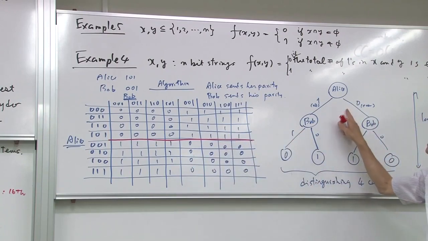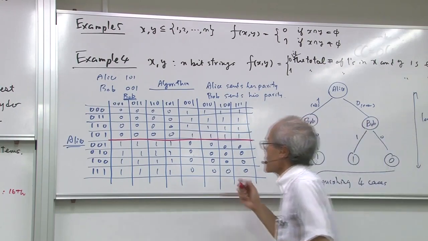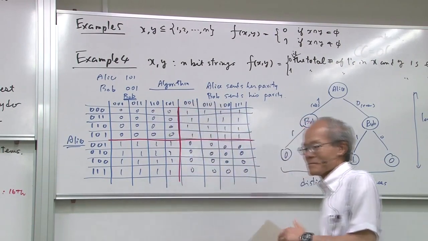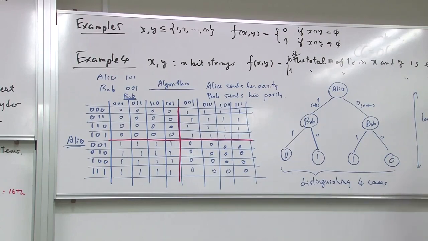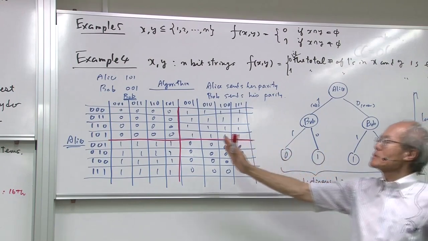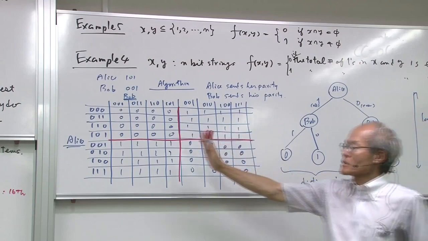If Alice sends 0, Alice's input is on the upper side. Then Bob sends, divided by this line. Bob sends 1, his parity is odd. That means the input is on this side. 0, that side.